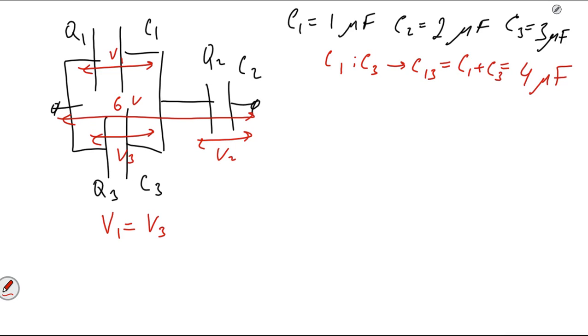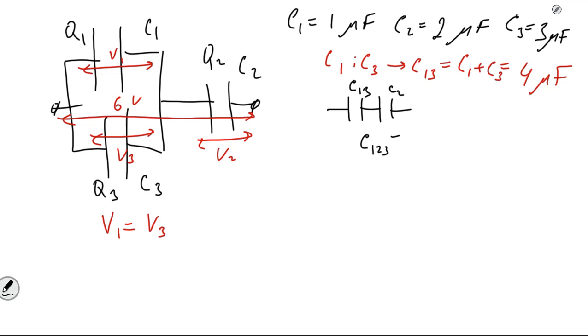Now we can redraw the circuit. C13 replaces 1 and 3, and C2. And now we can replace these two with one. Let's call it C123.